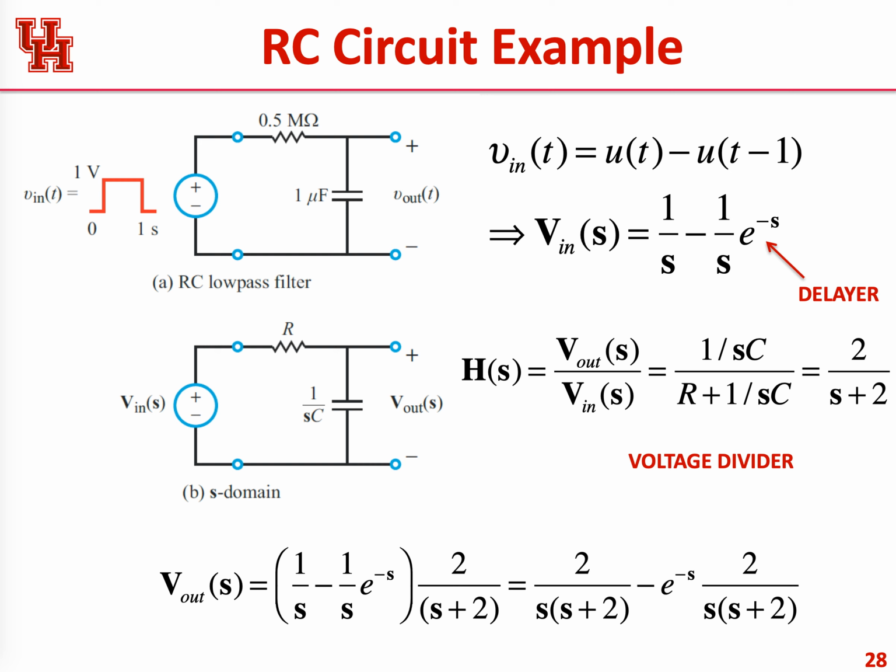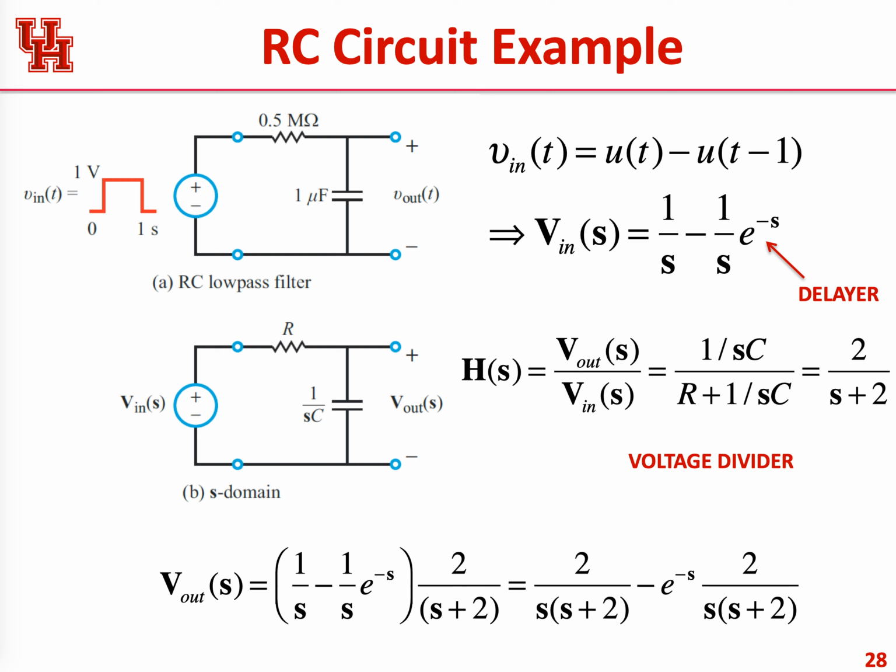So in the Laplace domain, I can write my Vin of s as 1 over s minus 1 over s times the delay, right? e to the minus s times 1, right? So this is 1 minus e to the minus s divided by s, right?